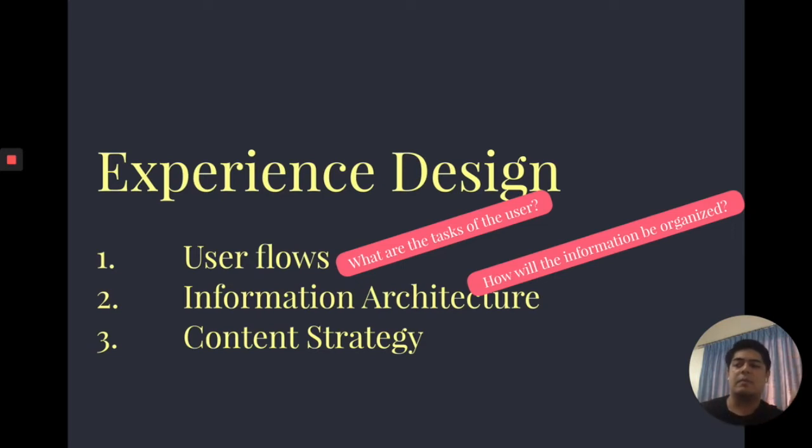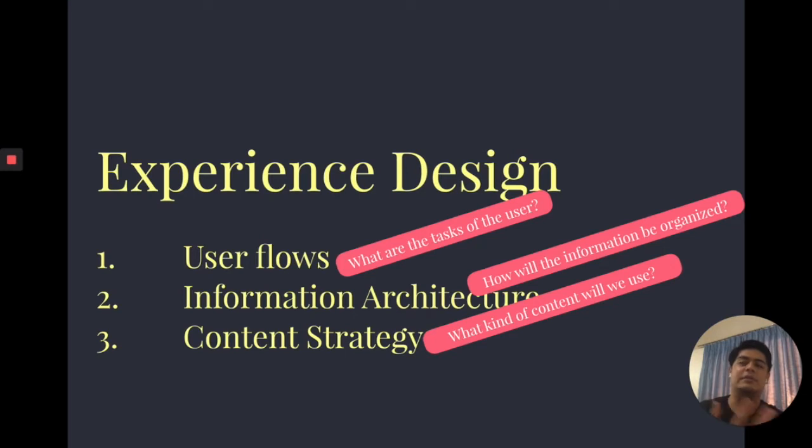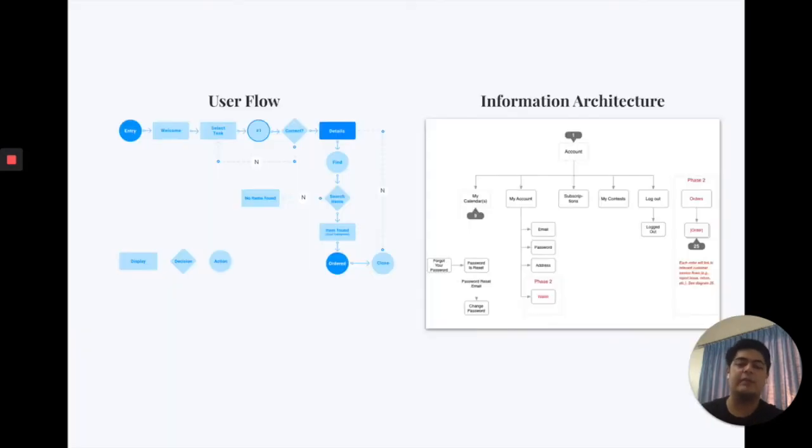So that's the user flow and the information architecture. And then lastly, the content strategy, essentially deciding what kind of content you will use in your website based on what the user needs to see and what the business wants to show. So that's experience design in a nutshell for a website.